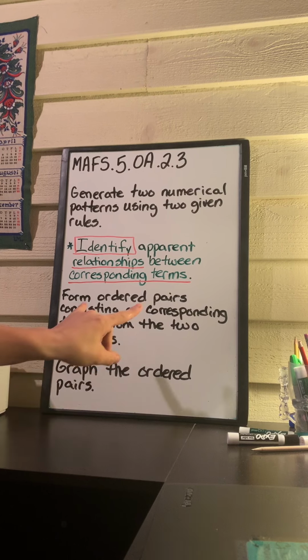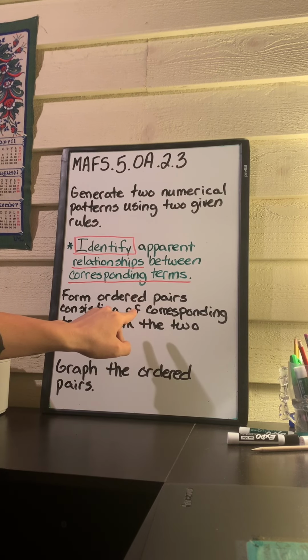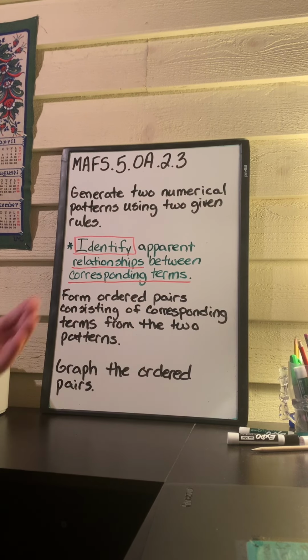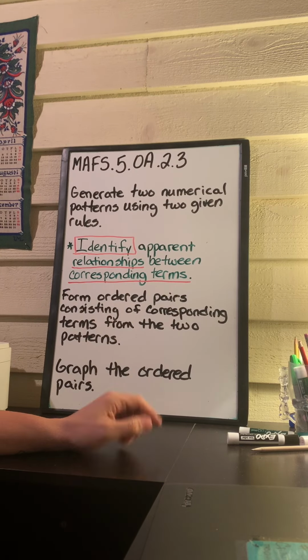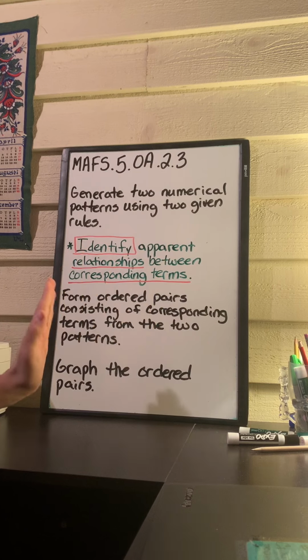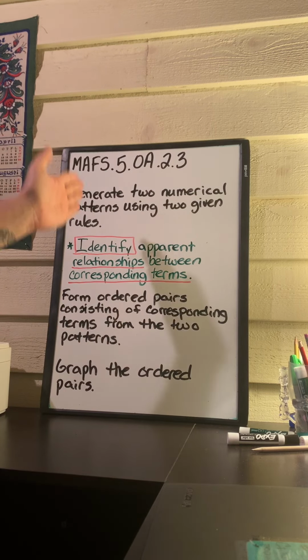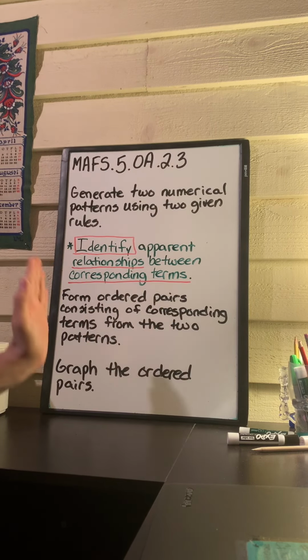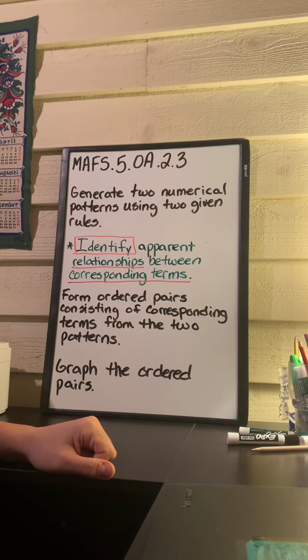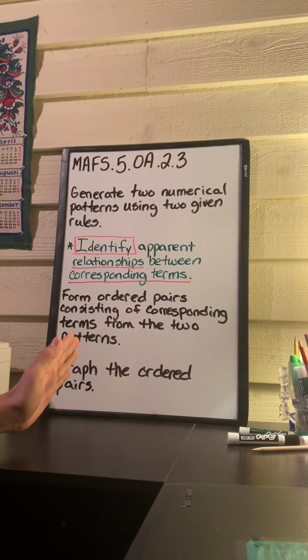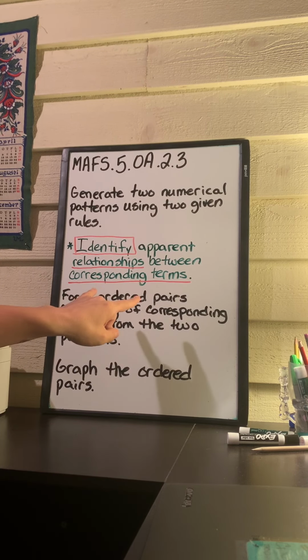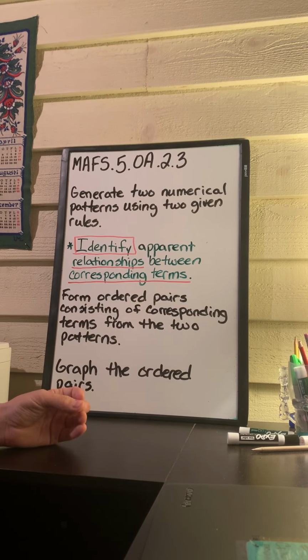So we're going to take those two corresponding terms that are next to each other in our T-charts, and we're going to find out how they're related. And we do that by looking mathematically at their relationship. So going from our first pattern to our second pattern, how did we get there? Or we can go the other way. How did the second pattern become the first pattern? So we're going to use our corresponding terms and find mathematical relationships.